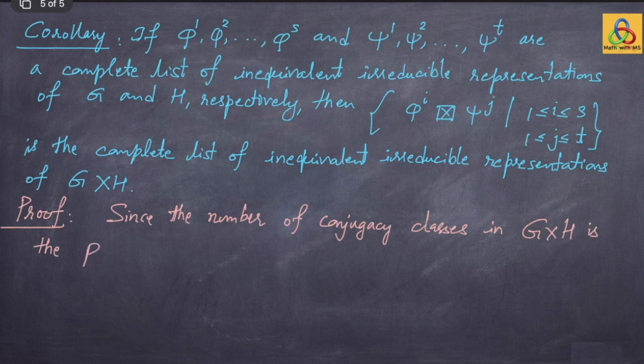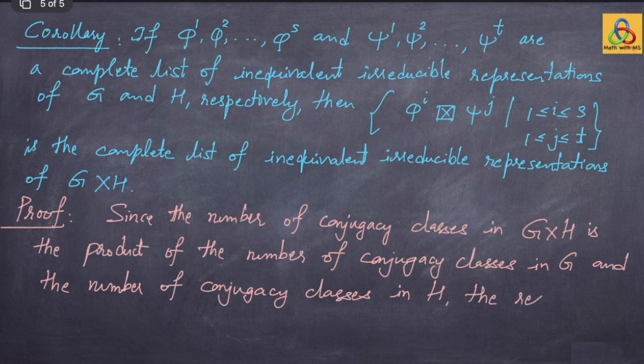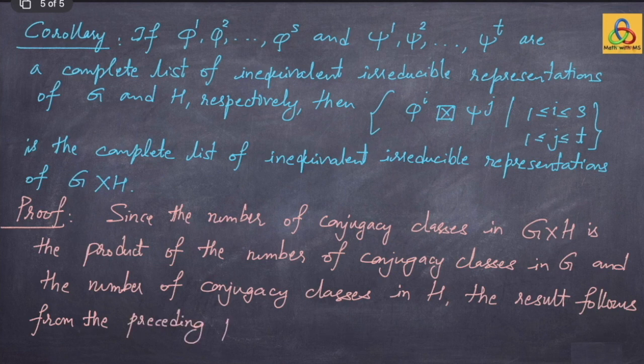And since the number of conjugacy classes in the first group is the same as the number of inequivalent irreducible representations of that group, and the number of conjugacy classes in the other group is the same as the number of inequivalent irreducible representations of that group, therefore the exterior tensor products of irreducible representations phi i of G and psi j of H give the complete list of inequivalent irreducible representations of the direct product G cross H.